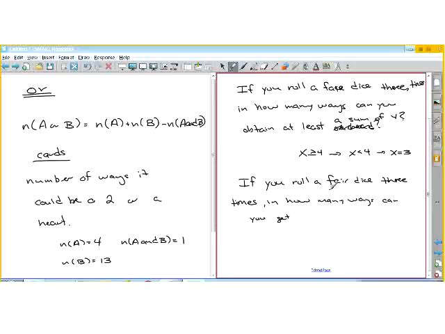So if you roll a fair dice 3 times, in how many ways can you get a sum less than 4? That would be the opposite statement. Or you could say, or a sum of 3. Either one of those would be the opposite, and that would be what we would use in the complement principle.